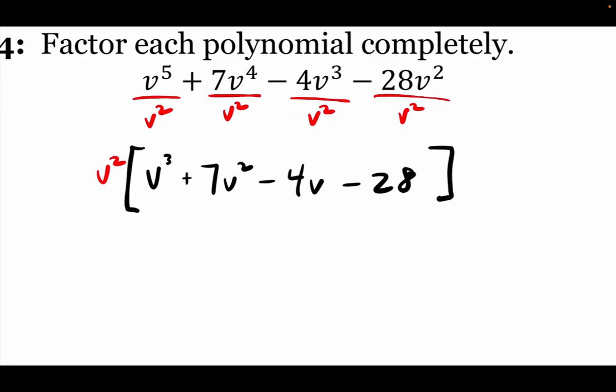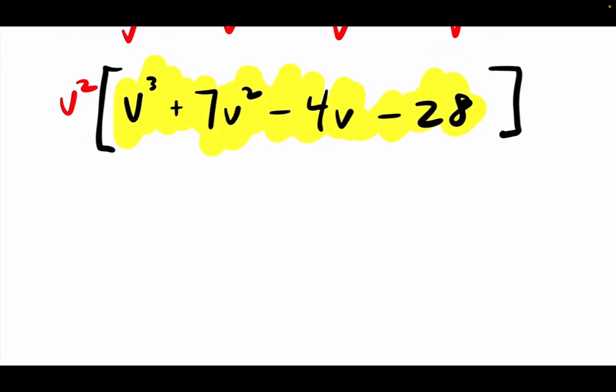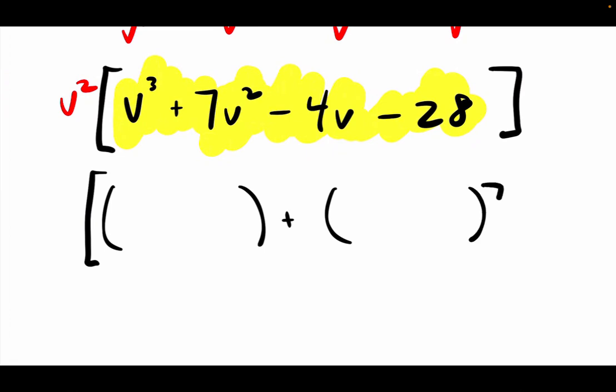Again, from now on, my focus is going to be on the inside. V squared is going to be in my answer in the front, but it's not going to affect any of my other steps. I just have to remember to put the GCF on the outside. Okay, 2 groups on the inside now.